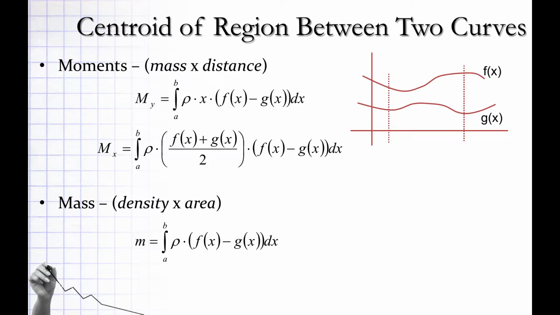So where does the x come from? Density times area to get mass, times our x distances from the y-axis, which is why we call it the moment about y.